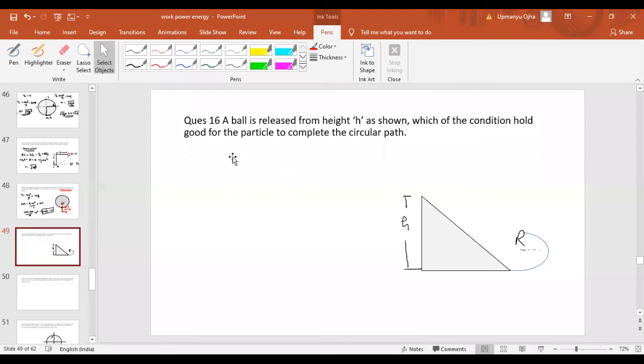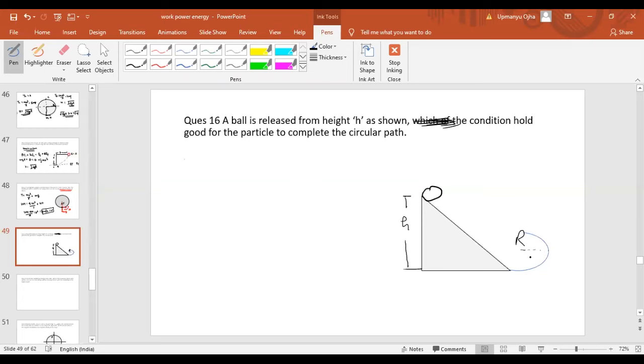The next question: a ball is released from height h. Which condition holds for the particle to complete the circular motion? You can see a ball is released from some height h on an inclined plane.